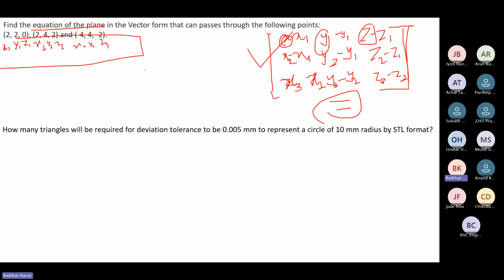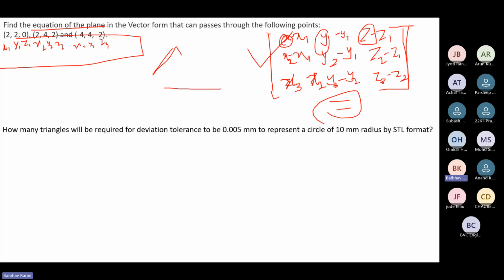Okay, let me tell you. Before using this equation, we need to check whether 3 points can form a plane. That means at least two of these points are not collinear. Then only these 3 points can form a plane.